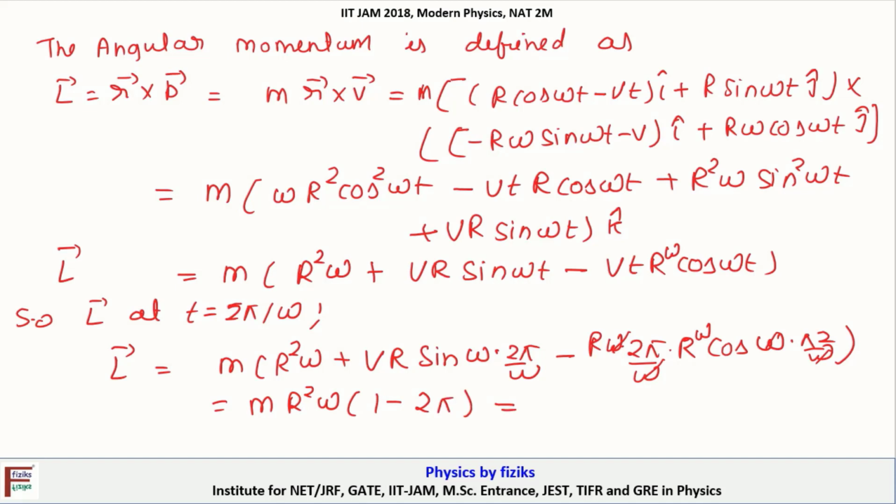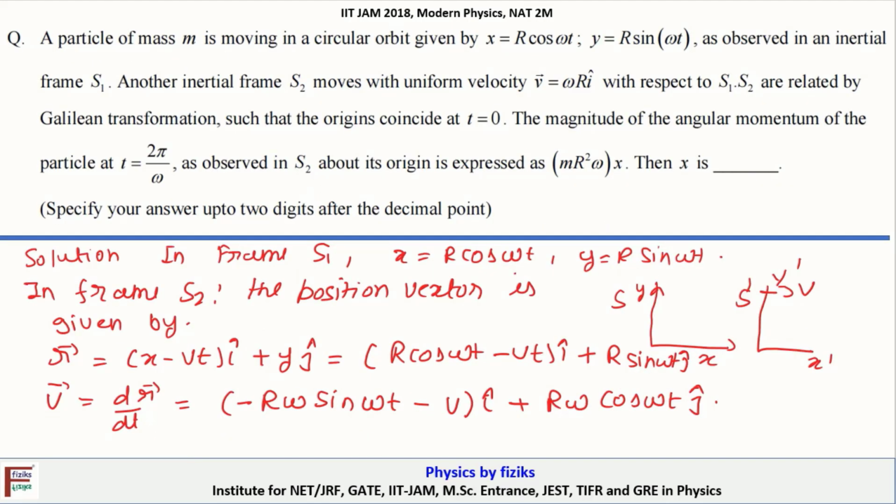So this term is equal to minus 5.28 m ω r square. Our mod L is equal to 5.28 m ω r square. Thus, this term x is 5.28.